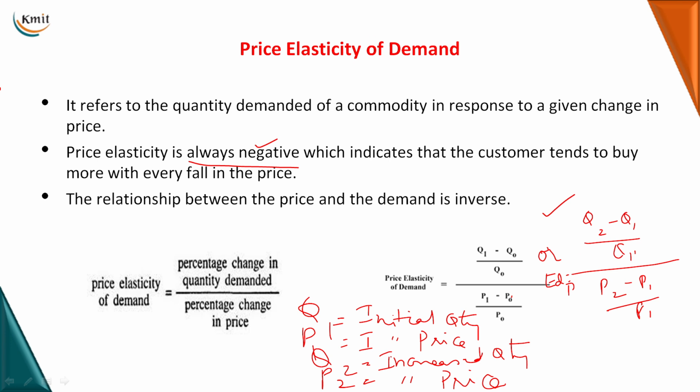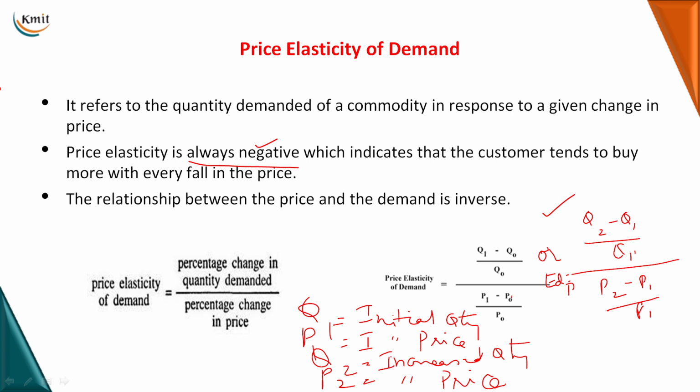Now when you substitute certain values for Q2, Q1, P1 and P2, the resulting value will be either 0, less than 1, greater than 1, or equal to 1. So in those cases, we are going to interpret the price elasticity: if it is 0, we consider it as perfectly inelastic.